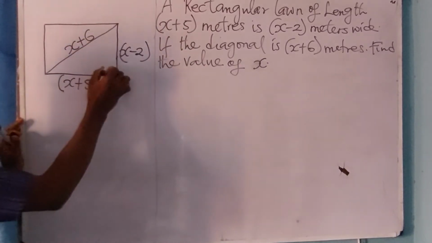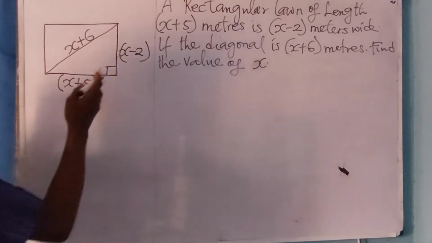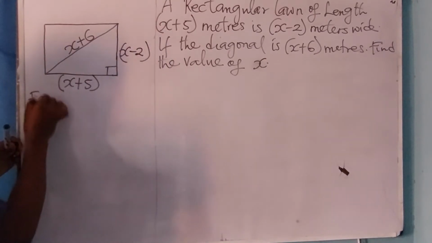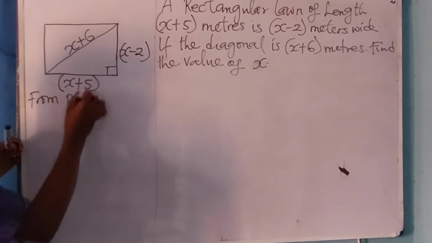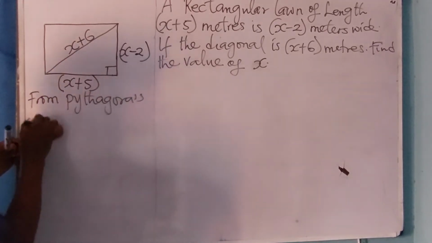Now, looking at what we have here, we've successfully coined out a right-angled triangle, so we use Pythagoras' rule.